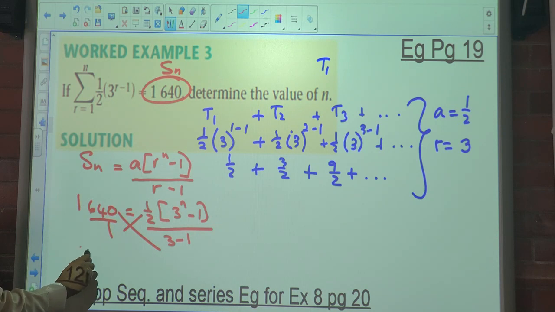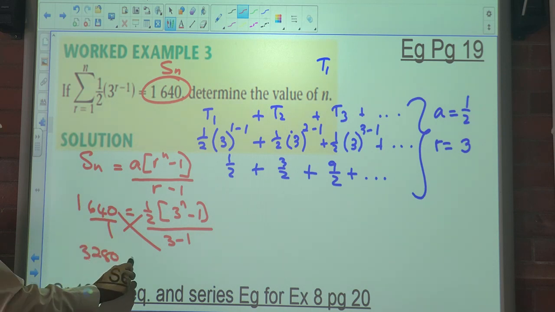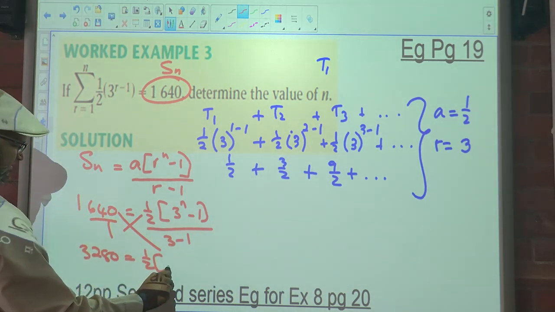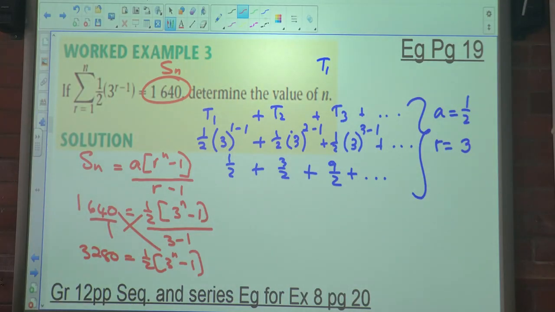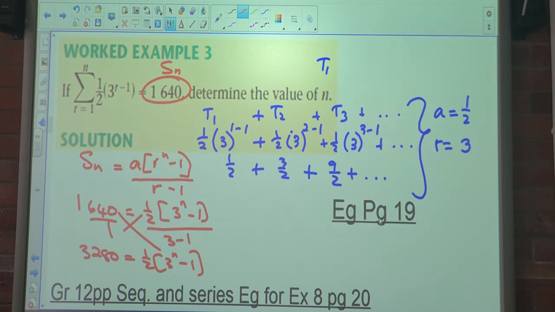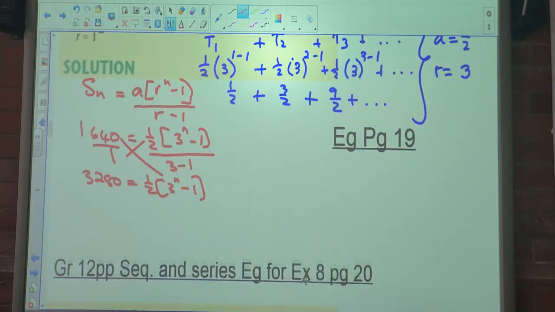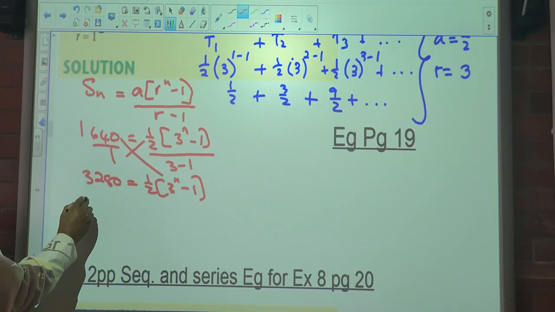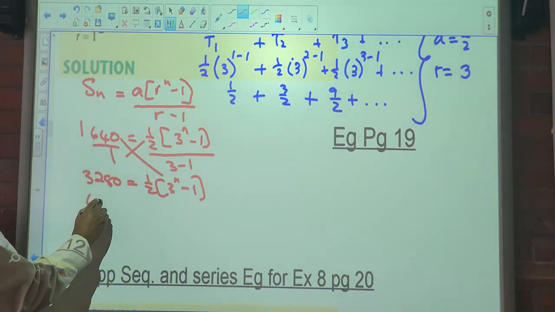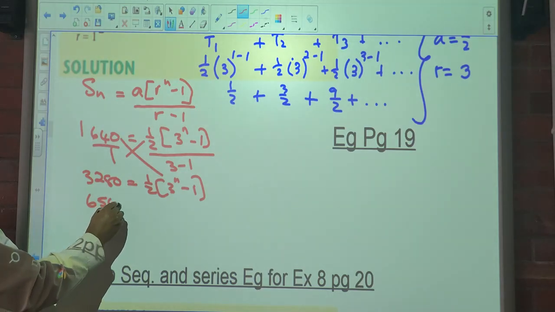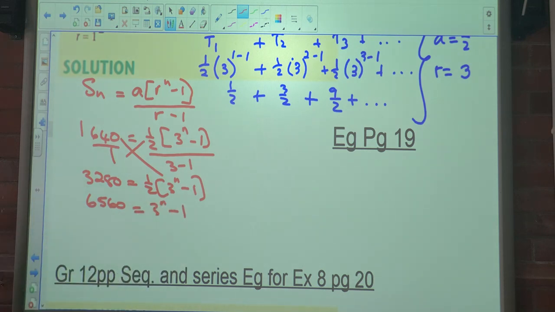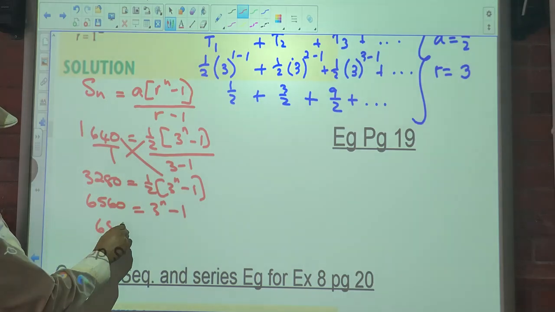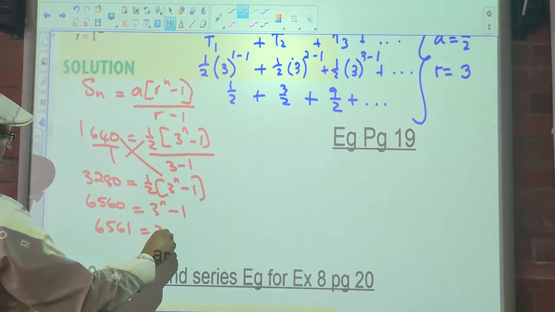So it's going to be 3,280, I think. No? Okay, now what? Divide by half. So it's 6,560 equals 3 to the n minus 1. Now what do I do? Take the 1 over. So 6,561 equals 3 to the n.